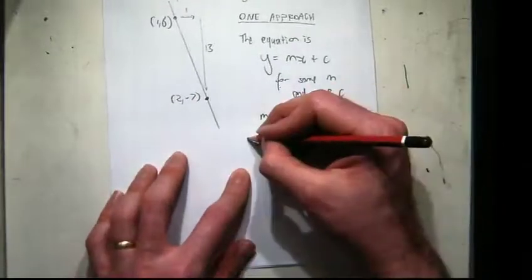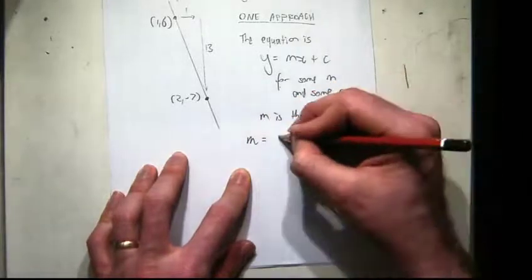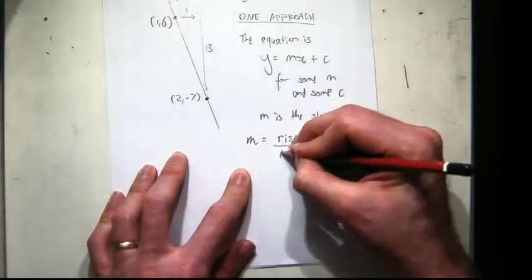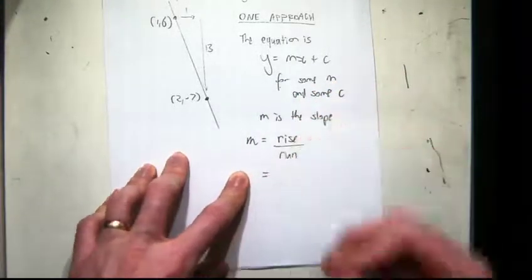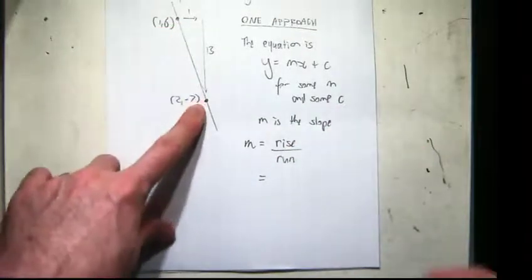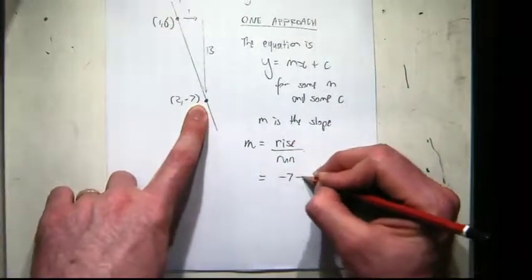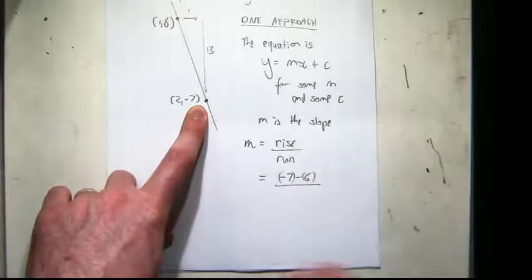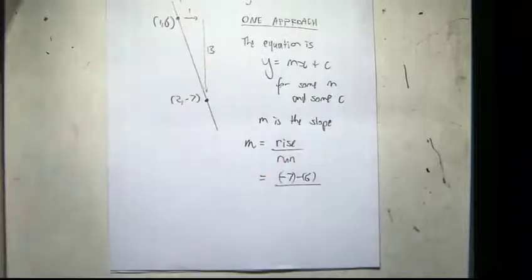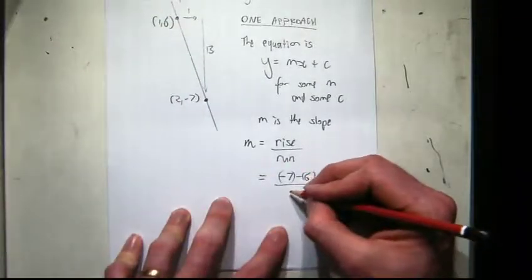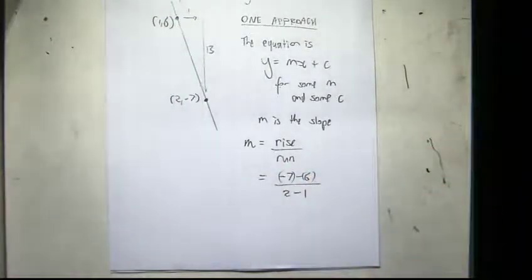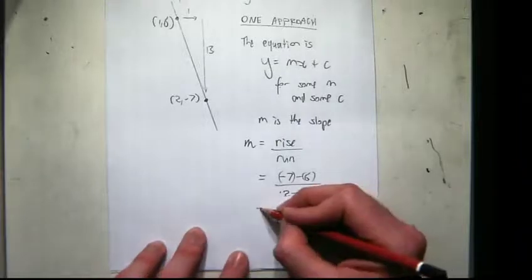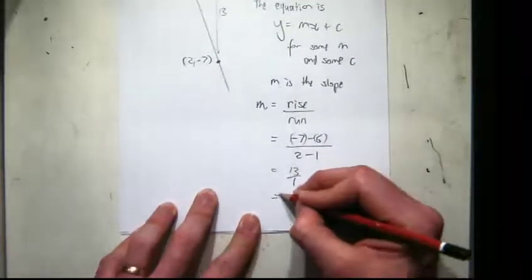So, from here to here it goes the y-coordinate of the second one minus the y-coordinate of the first one over the x-coordinate of the second one minus the x-coordinate of the first one. Doesn't matter if you do it the other way around, it'll work fine. Or you can just draw a diagram. And this does totally come out to minus 13 over 1, which is minus 13.